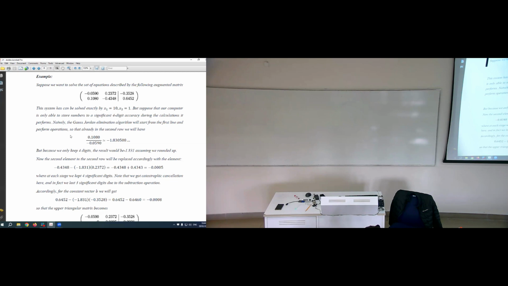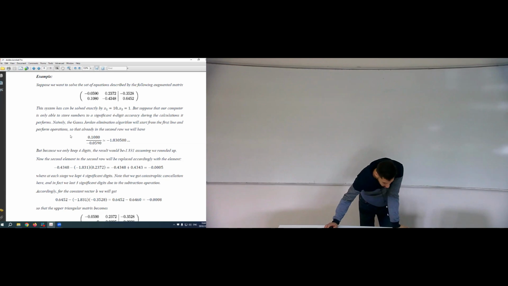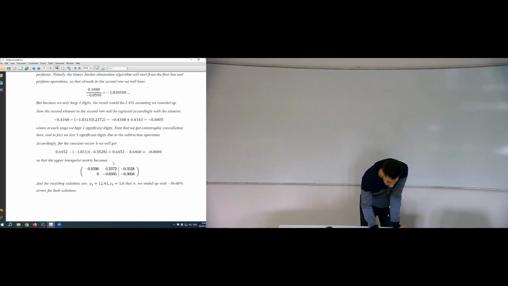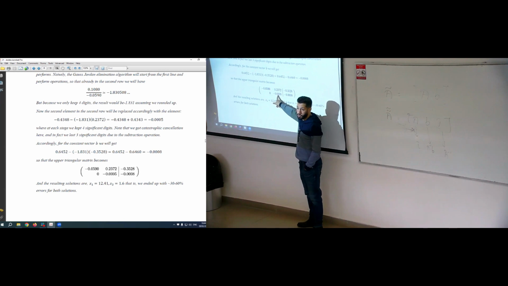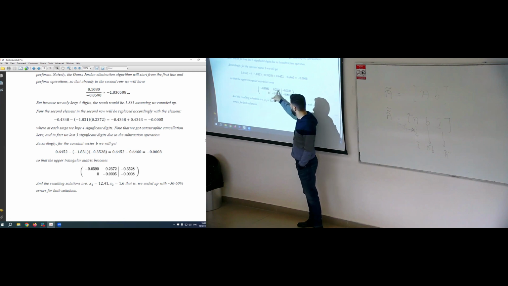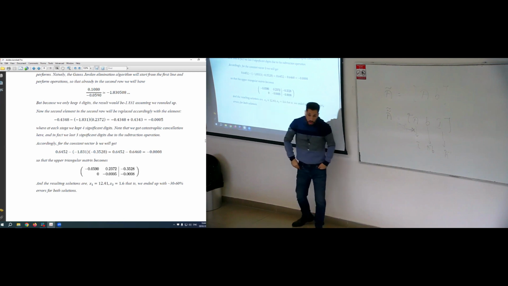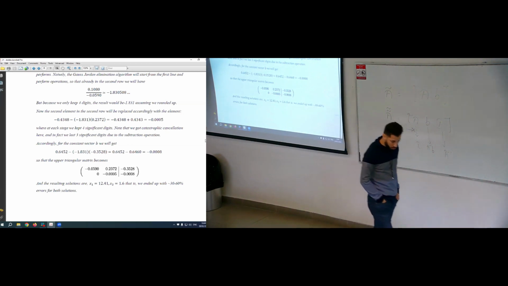And now x2 is this divided by this. Now the augmented matrix looks like this. And by backward substitution, I will say that x2 equals this divided by this, which is 1.6. And I substitute this 1.6 here and get x1 to be 12.41.